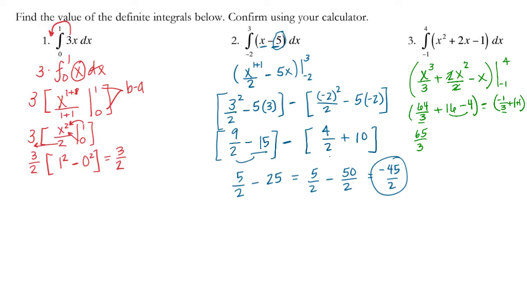This is going to give us 12. And then minus 2. So that's going to give us 10. And so finding a common denominator here, that's going to be 65 thirds plus 30 over 3. And so we end up here with 95 over 3.